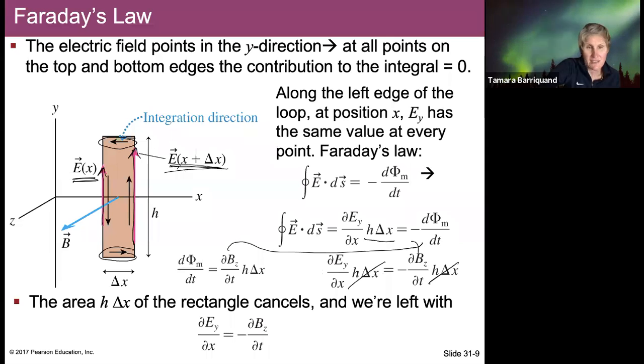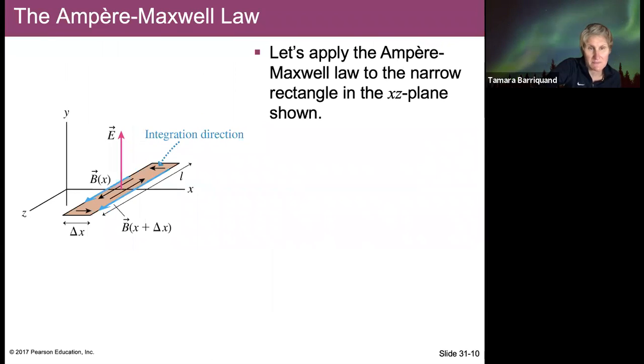Now let's look at our last equation. We're going to look at the Ampere-Maxwell law. In this case, we're going to use a rectangle that is in the xz plane, because now we're interested in the integral of B dot ds.